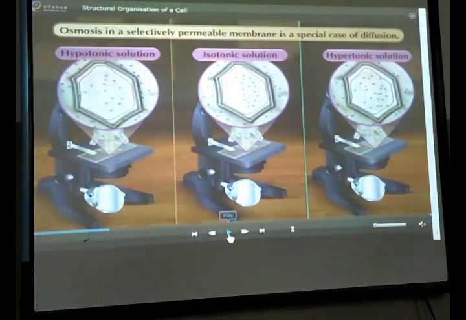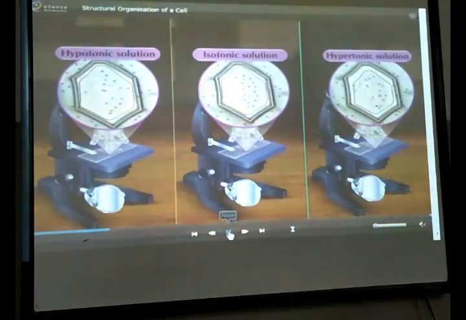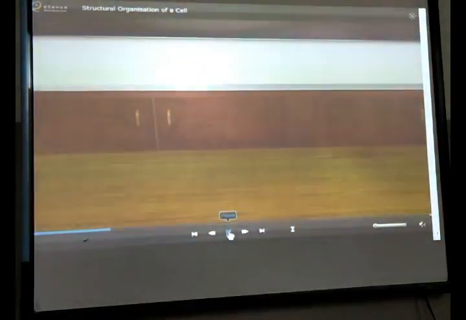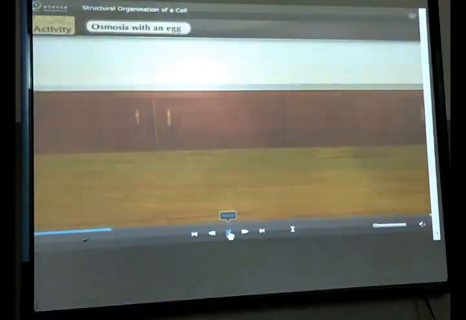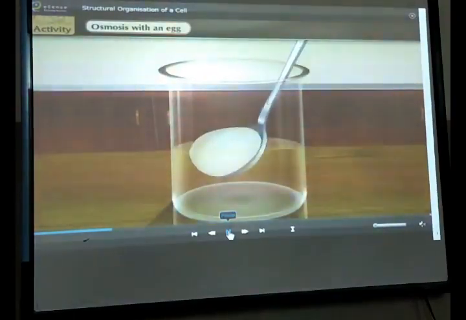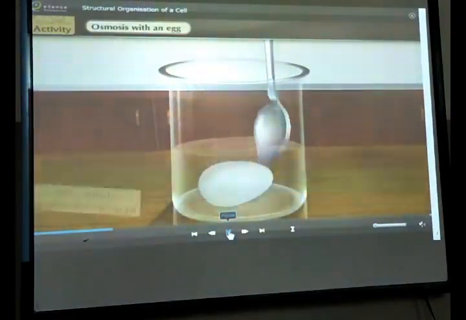So in three ways this osmosis process through diffusion takes place in the cell, and the cell exits and enters the nutritive substances or whatever required substances in this way.